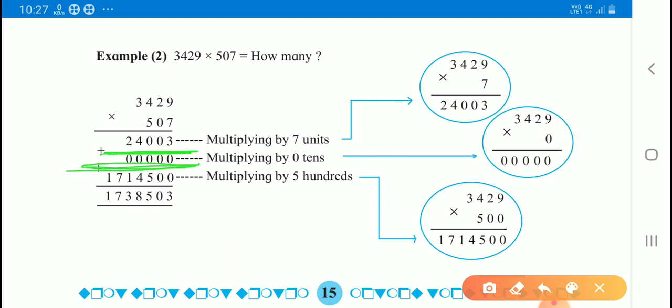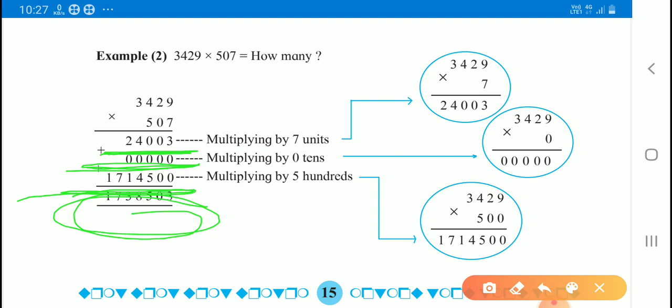Then the 100 place number is 5. So you will multiply 3429 by 5. Then you will get the answer. Look here. They given here the answer 17,14,500. After adding, you got the answer 17,38,503. Okay.